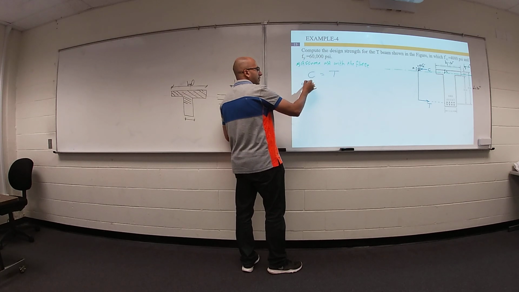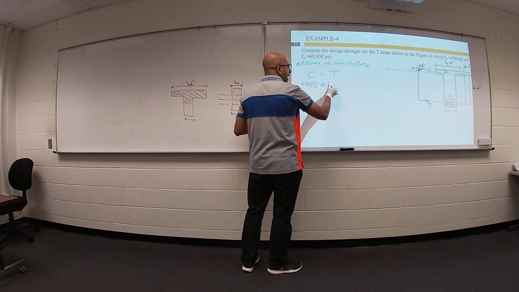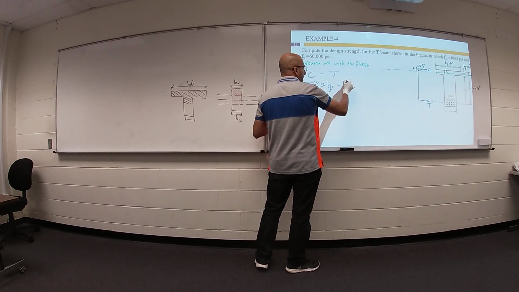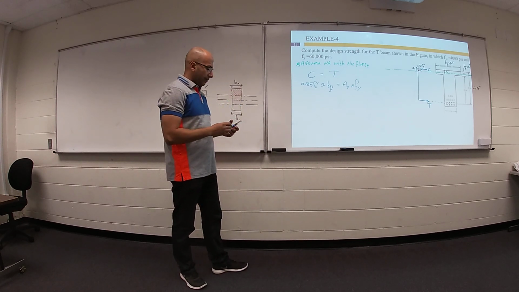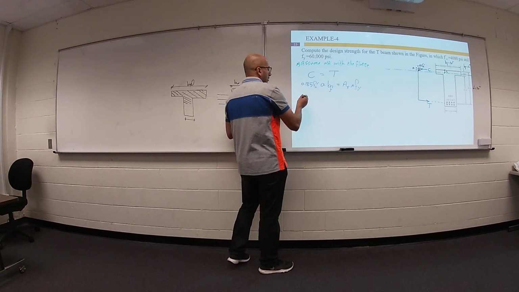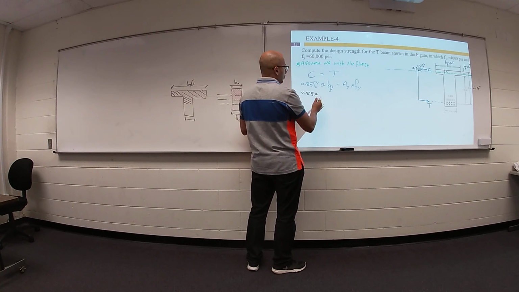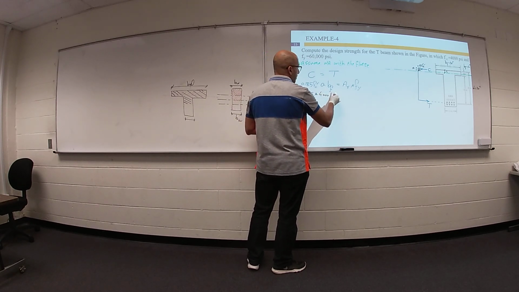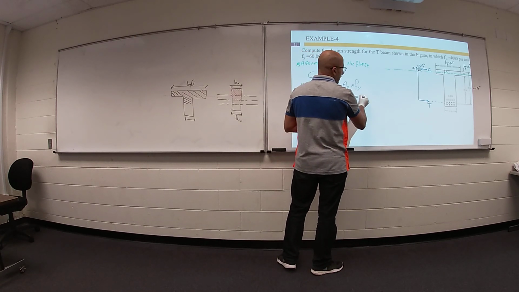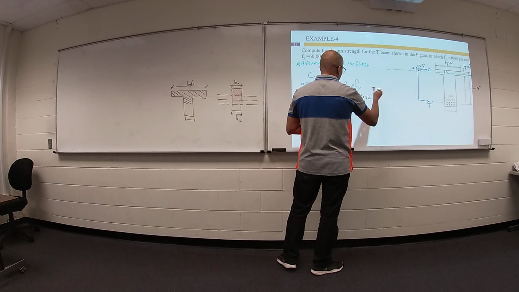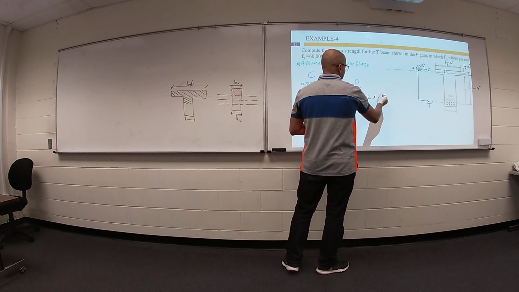So 0.85 f'c times a times b flange equals area of steel times f yield. Put in your numbers: 0.85 times f'c 4000 times a times b flange 30 inch equals area of steel 10.12 times f yield 60,000.